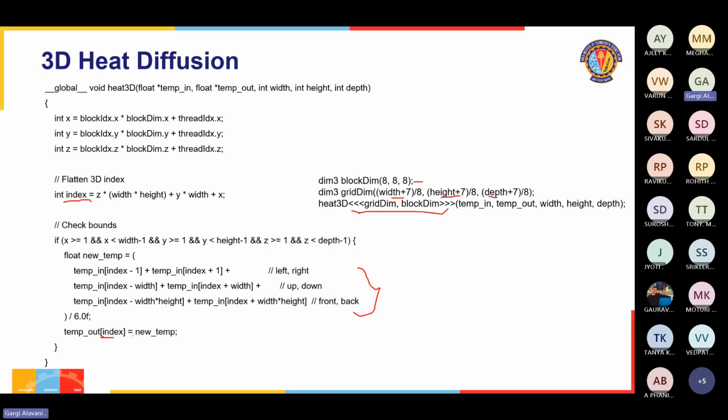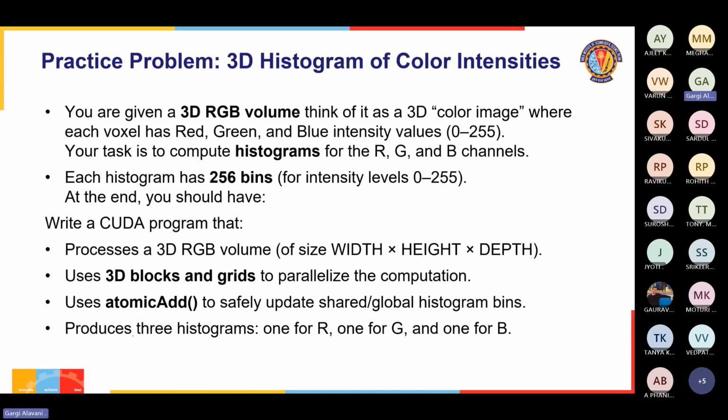You can also look at other examples and maybe try this practice problem where we design a 3D histogram of color intensities. So we have a 3D RGB volume, a 3D color image. Each voxel will have red, green, and blue intensity values. Our task is to compute histograms for the RGB channels.